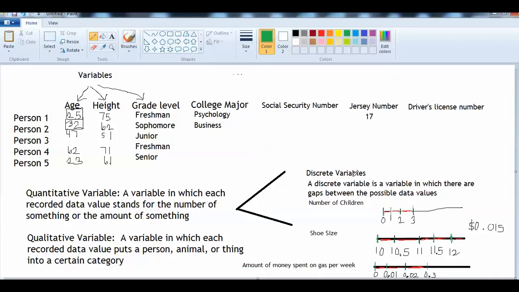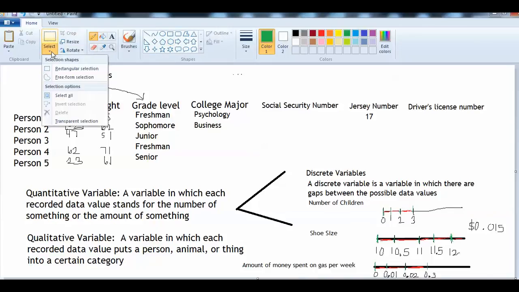So these are discrete variables. What's the opposite of a discrete variable?